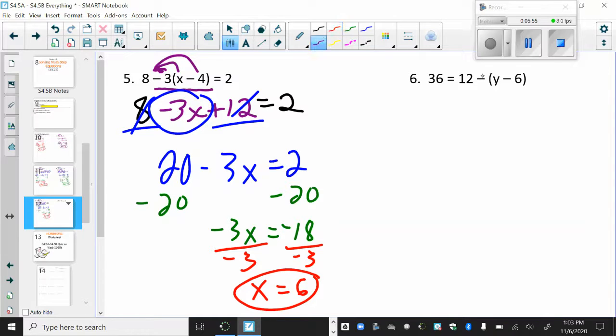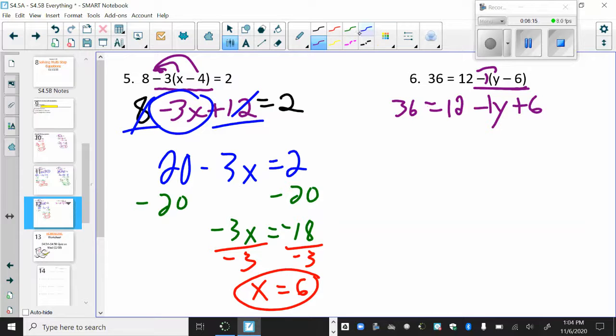All right, lastly, sometimes it's in a different place. Here's a tricky one. You see how it's minus the parentheses? We're going to treat it like there's a negative 1 in there. So there's my distributive property. I'm going to do negative 1 times y to get negative 1y. Negative 1 times negative 6 to get plus 6. Then I'm going to bring down the 12, the equal sign, and 36.